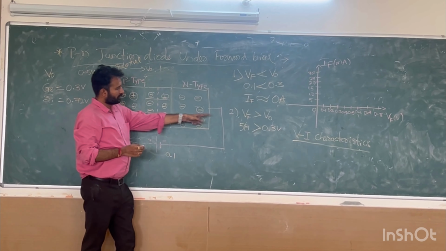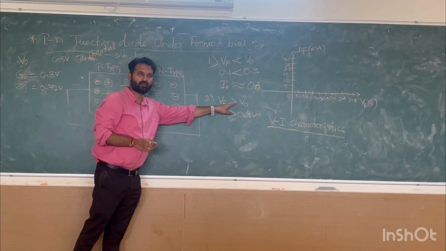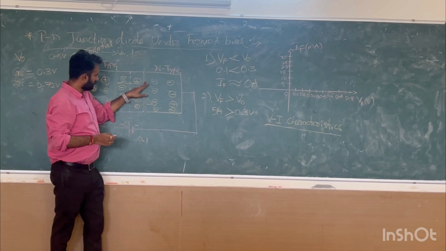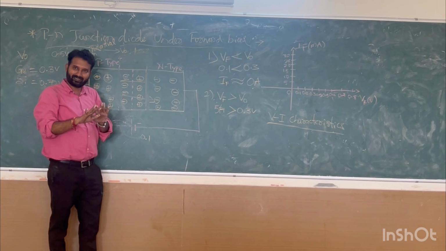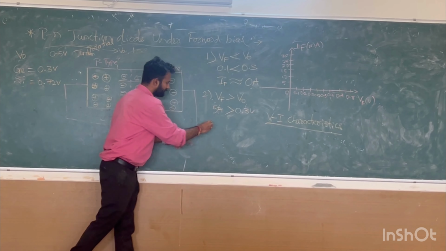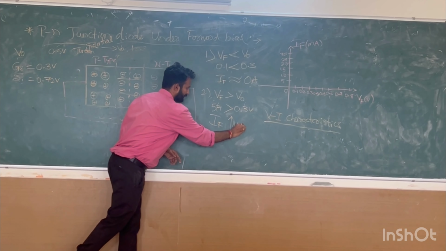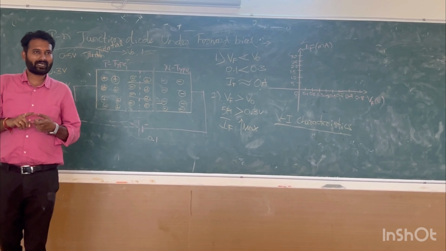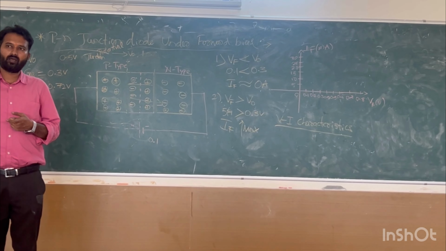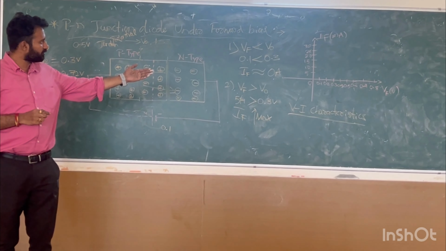If your external battery or forward voltage is greater than the internal potential barrier, the depletion layer and barrier will disappear. In this case, you will have maximum current. Understandable? Your current increases rapidly, exponentially.